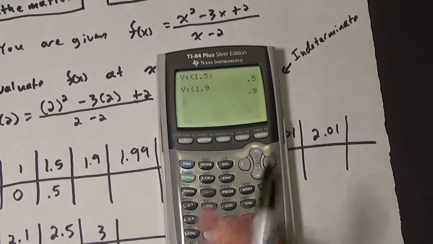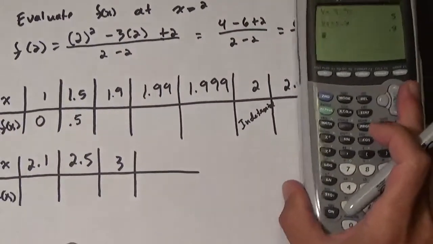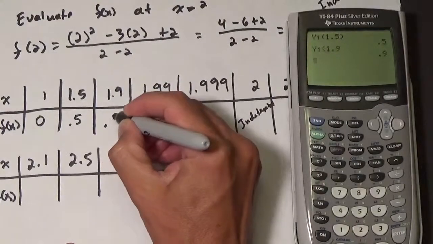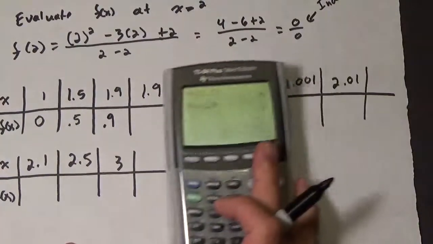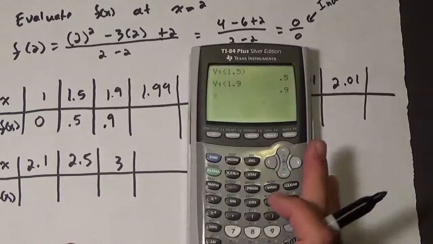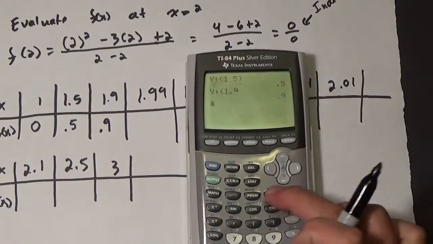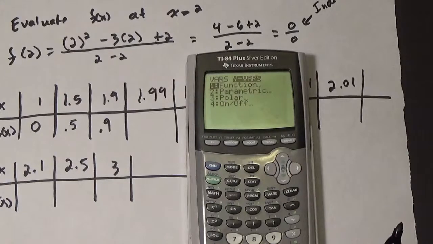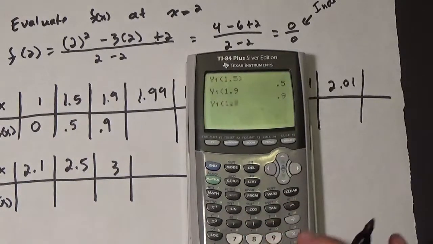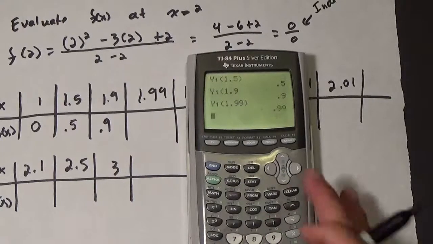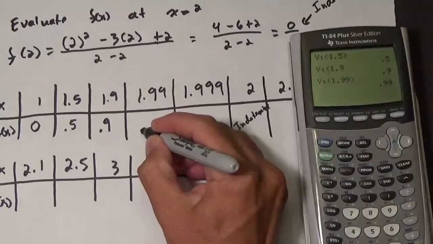So that gave us 0.9. Okay. Let's do one more this way, and then I'll teach you another little trick. So we go vars, y-vars, function, enter, y1, open parentheses, 1.99. And we get 0.99.